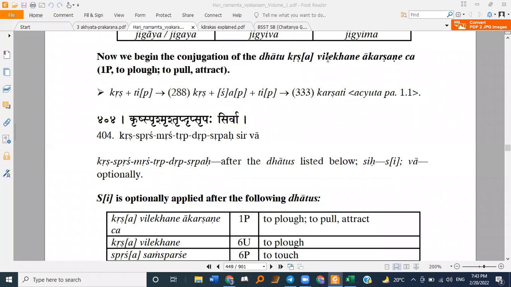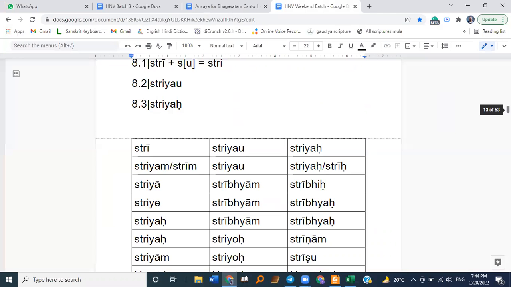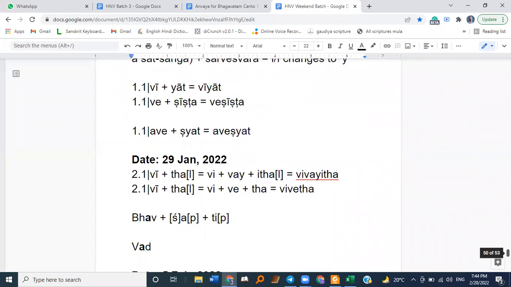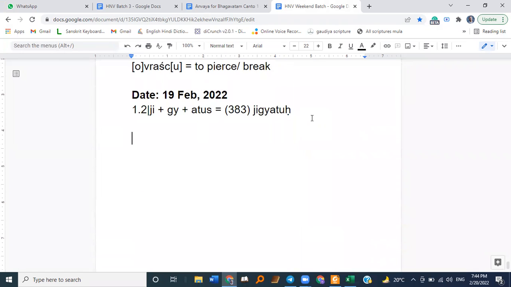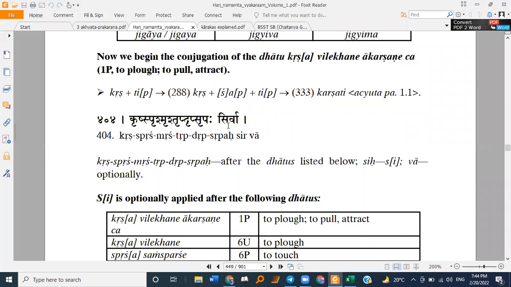So we were declining this krish dhatu. So krish dhatu.